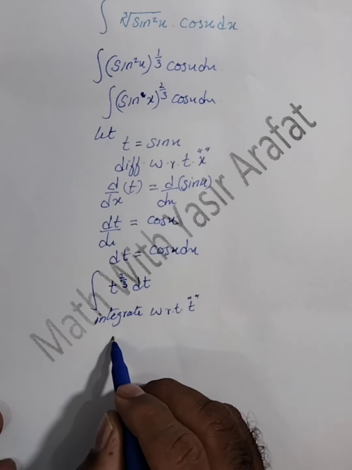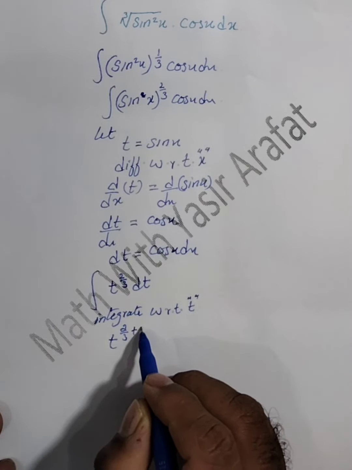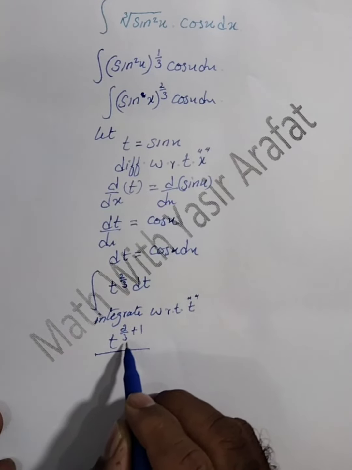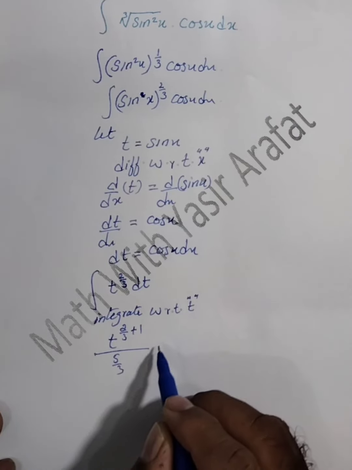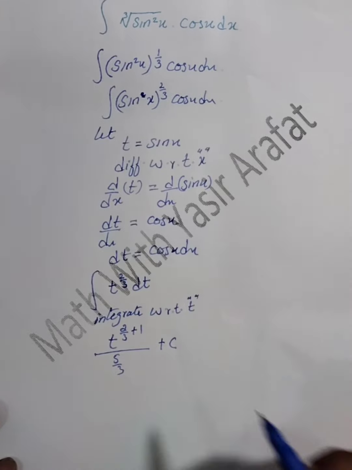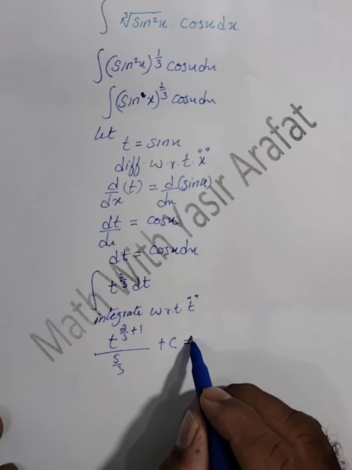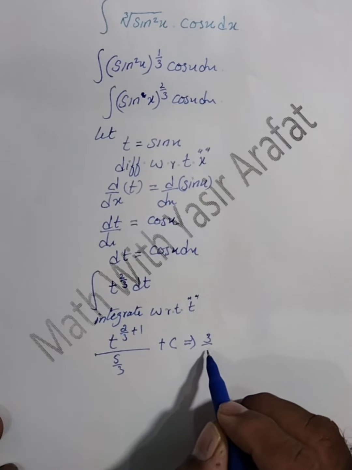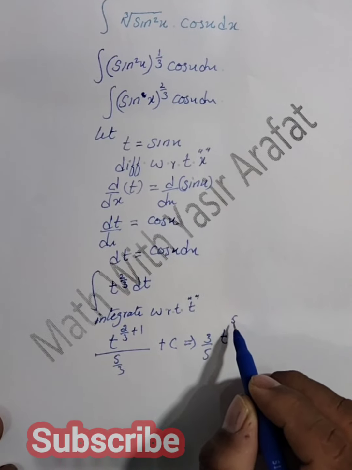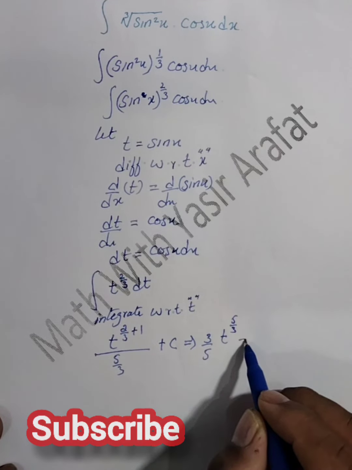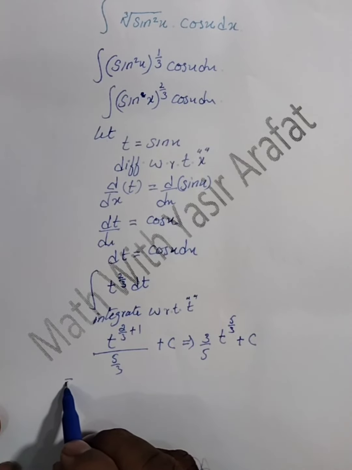And this is the simple integration: 2 over 3 plus 1, and divided by its result; 3 ones are 3, 2 plus 3 is 5 over 3. And plus c is the constant of integration. So this is 3 over 5 t^(5/3) plus c, and now we put the value of t here.